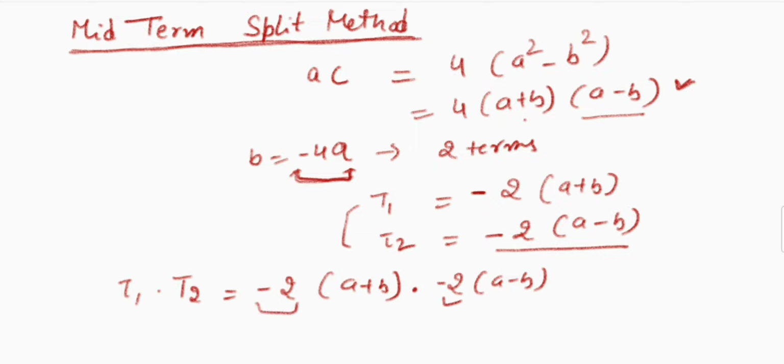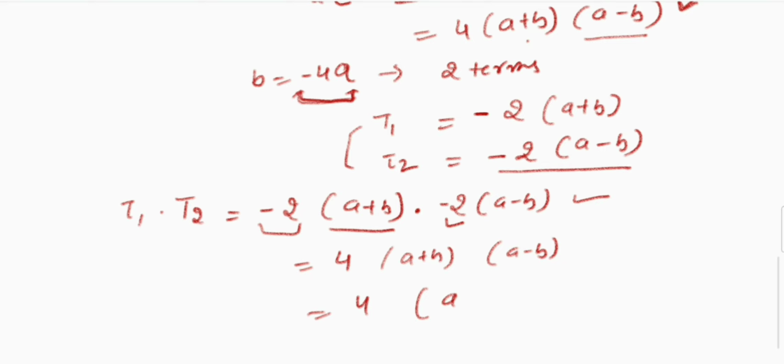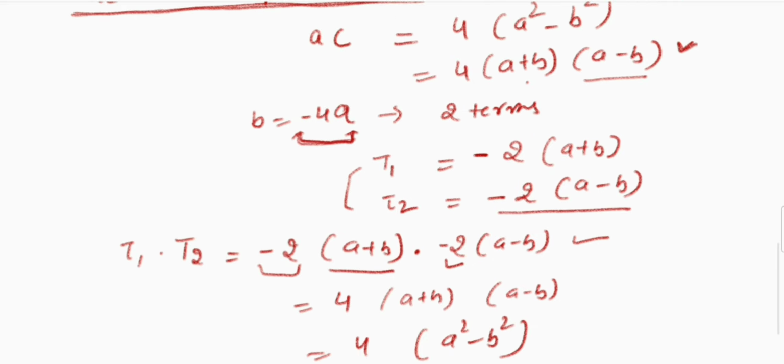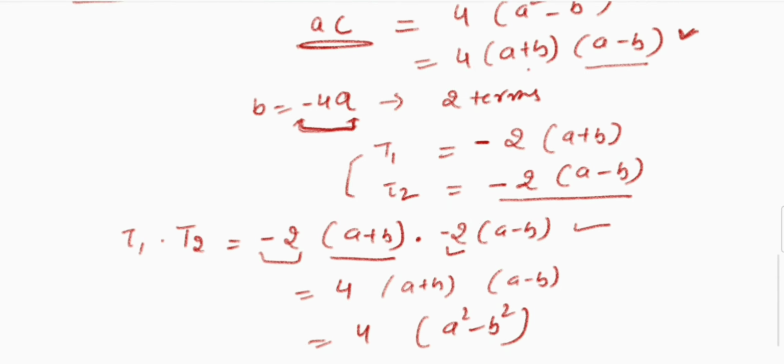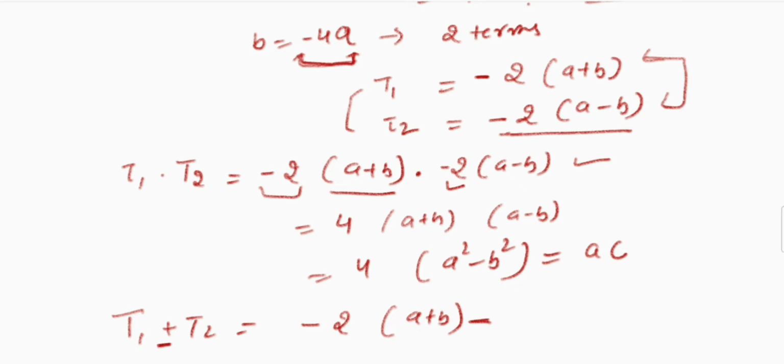If we multiply these two, we'll get 4, and if we multiply these two, (a + b) and (a − b), we'll get 4(a² − b²), which is our AC. And we will get after adding these two terms, t1 plus t2, which is equal to −2(a + b) and −2(a − b).